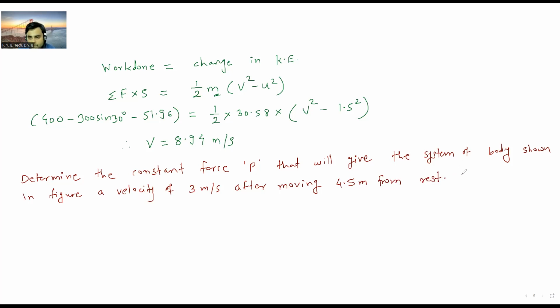The coefficient of friction between block and plane is 0.3. Assume pulleys are smooth.